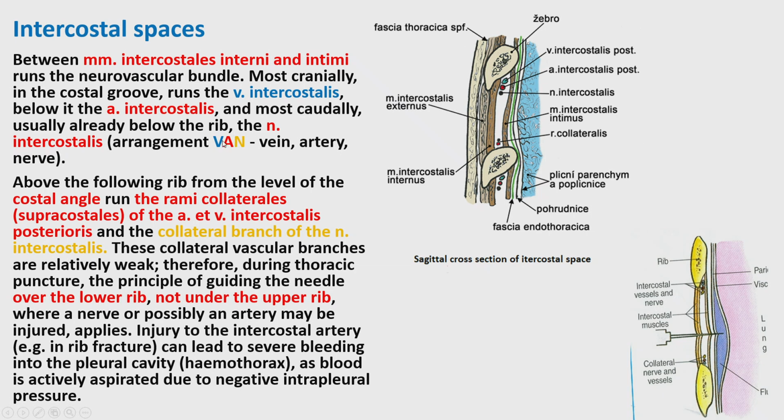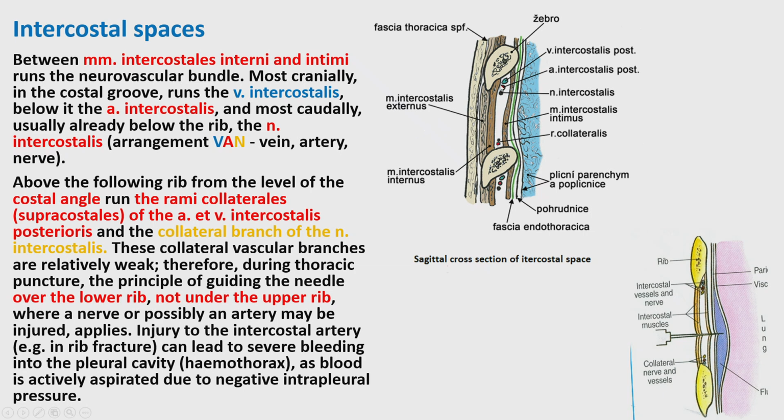So remember, the arrangement from upward to downward is VAN. Remember always: vein, artery, and nerve under the ribs in the region of the costal groove.